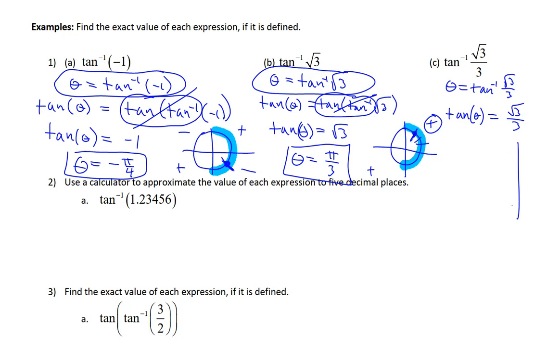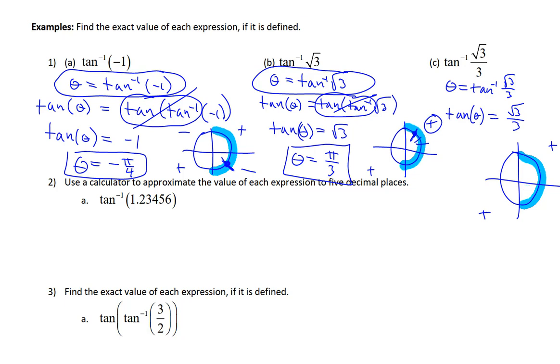So then, back to the unit circle, we're looking for where tangent is equal to positive root 3 over 3. Notice it's positive, which again would be quadrants 1 or 3 for where tangent is positive. Which of those is it? Well, we have to use the range of the tangent inverse, which hopefully now is becoming a little more familiar. It's quadrants 1 and 4, of course.